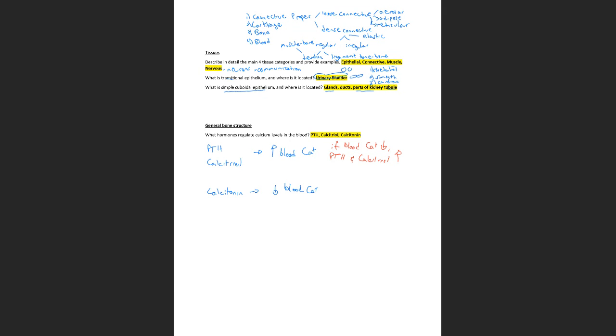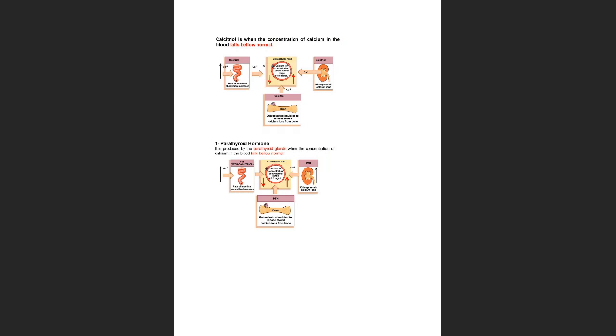So if calcium is high, calcitonin brings it down. Okay, now these three hormones act on three organs: our bones, our intestine, and then our kidneys. We'll discuss that in the next slide.